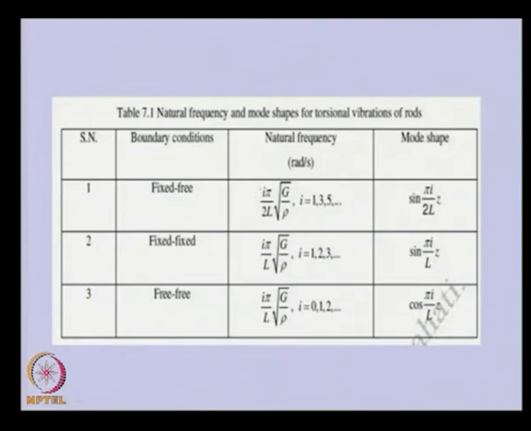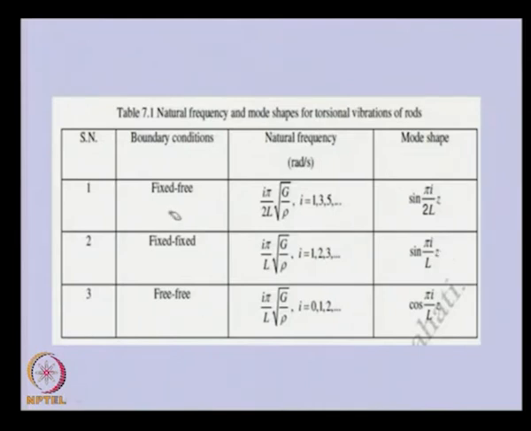Here the eigenfunction will have this sine function. For another case in which both ends of the shaft are fixed, the natural frequency will be given by this, and the mode shape will be like this, also a sine function, but there is some difference.